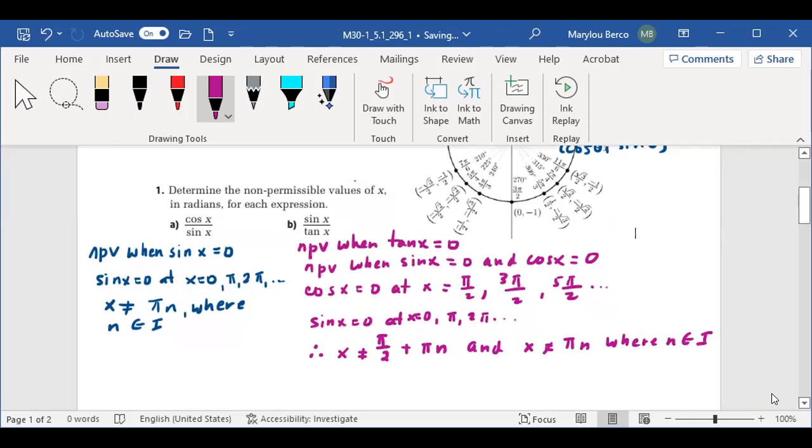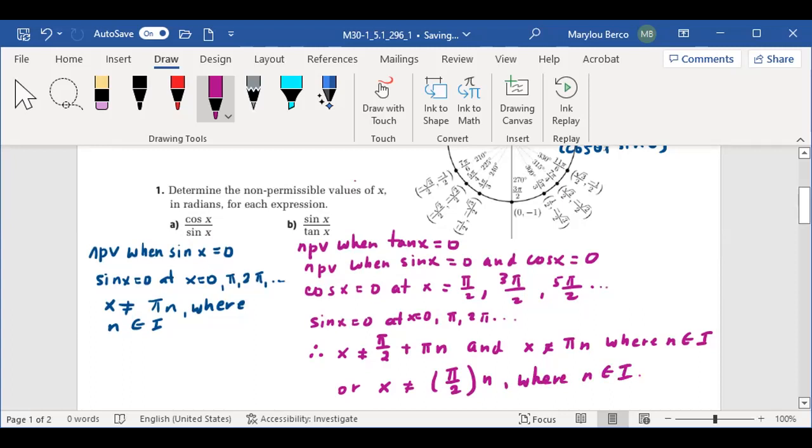So these two sets of restrictions can be combined to be x cannot equal pi over 2n, where n is an element of integers.